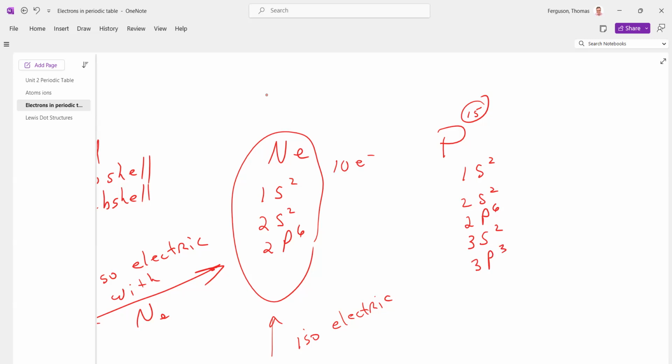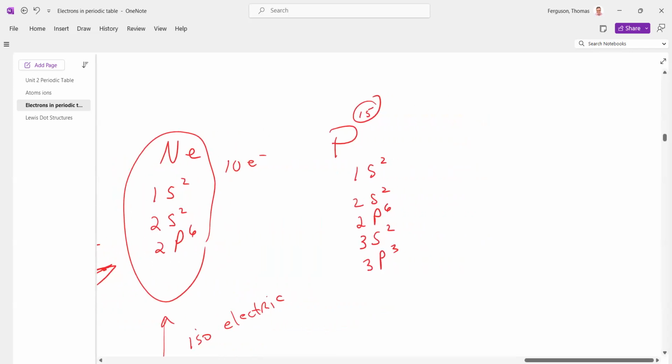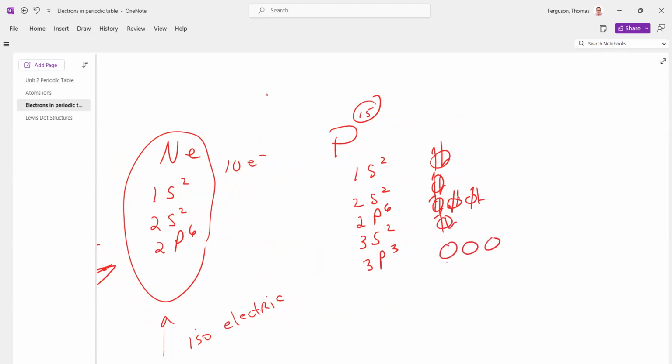Now, if we look at the orbitals, which do you think is more stable in a neutral, oxygen or phosphorus?